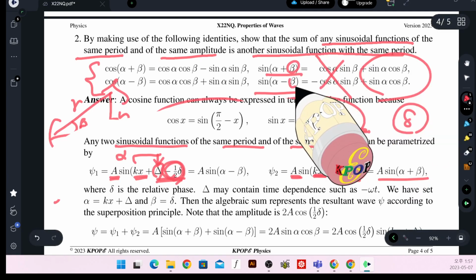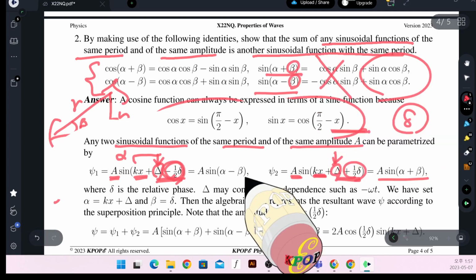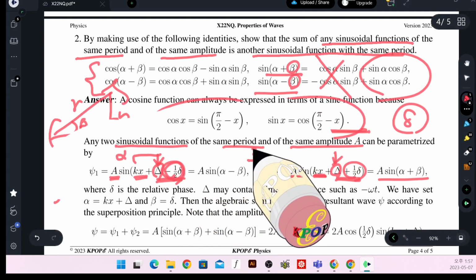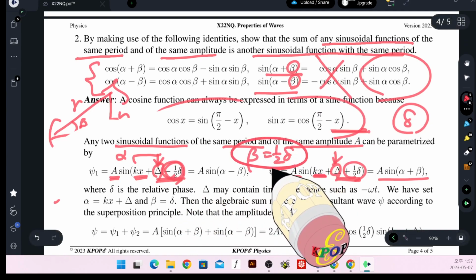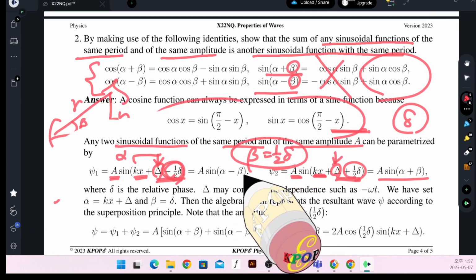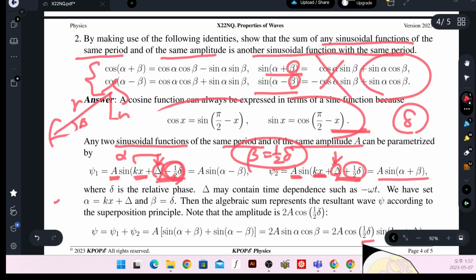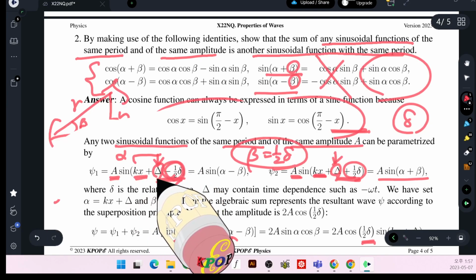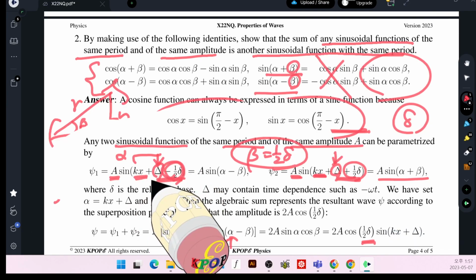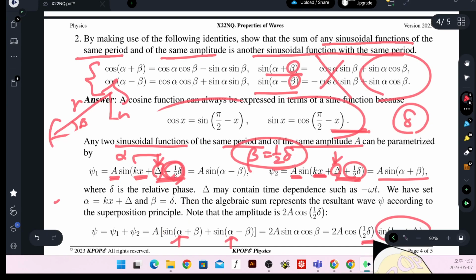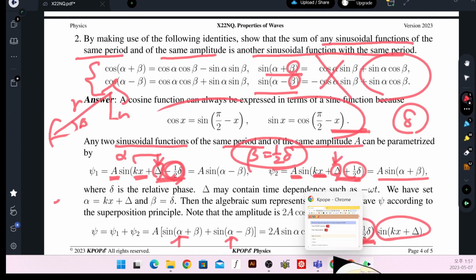This one is beta. Beta was 1/2 of delta, the half phase difference of the two waves. So this one appears as 1/2 of delta, and the remaining piece is alpha, the common kx plus delta. So kx plus delta appears as common, and cosine of 1/2 of delta appears as common.